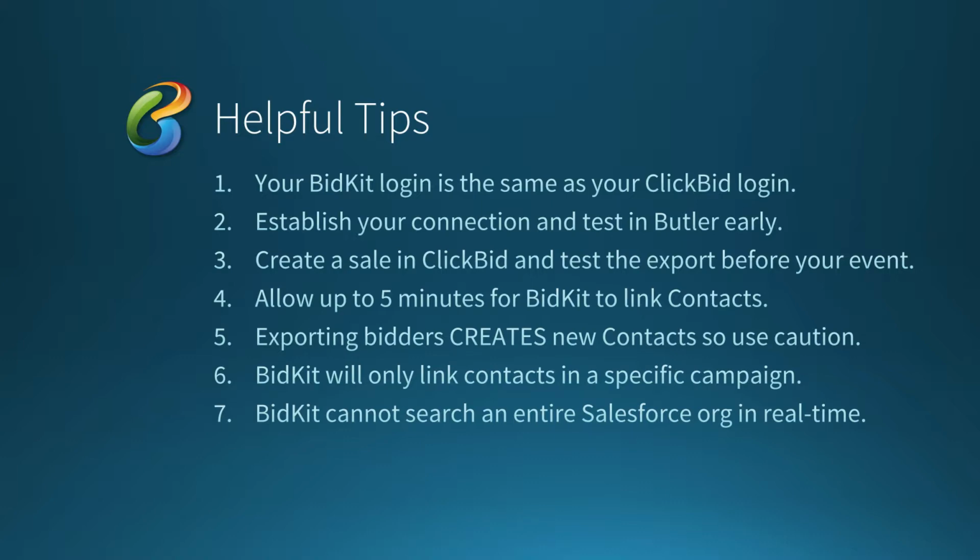So we really try to limit that type of querying so everything runs smooth, fast, and efficient. And that's number 7. We can't search an entire Salesforce organization in real time. It just wouldn't be realistic and really wouldn't be very helpful. It could get very confusing in your account if we're searching for donors that you haven't worked with in 5 years, but they're still in your system. So we really try to focus on the people that plan on attending your event.